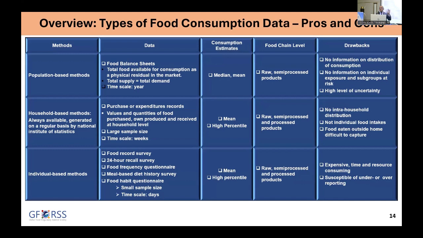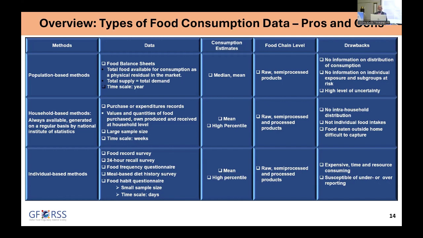So the types of food consumption data that we can generate can be very general, related to the population in general, through the household based on family consumption, until the individual based methods.